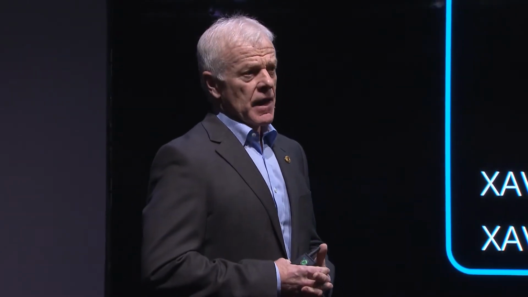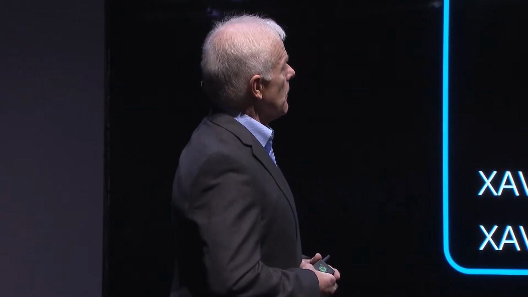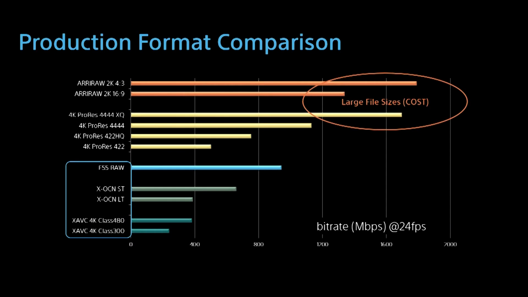The reason we introduced this format is one of cost, primarily. As you are very familiar, the RAW that we produce in the F55 camera is 943 megabits per second, which is smaller than some competing formats.